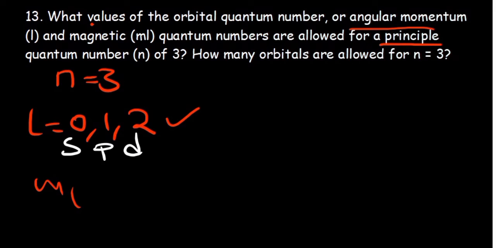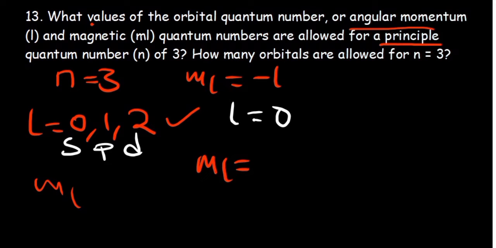I'll start with L equal to 0. The formula that we use when determining the magnetic quantum number ml is from negative L to positive L. So it's a range. For L equal to 0, we just have 0 there.